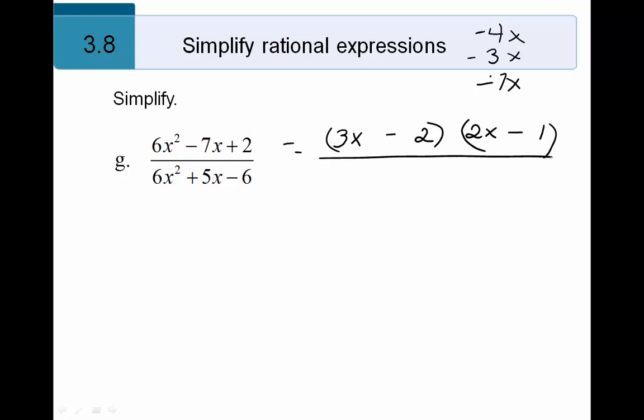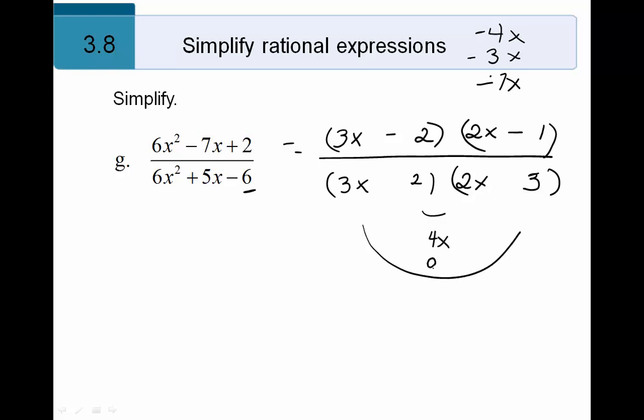Now I will factor my denominator. Okay, factors of 6 again, 3x and 2x. My last terms are also factors of 6, so I'm going to put my 2 here and my 3 here. I'll check my inner and my outer. 2 times 2x is 4x. 3x times 3 is 9x.